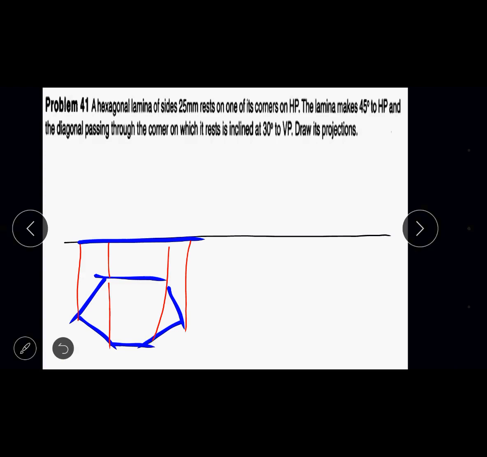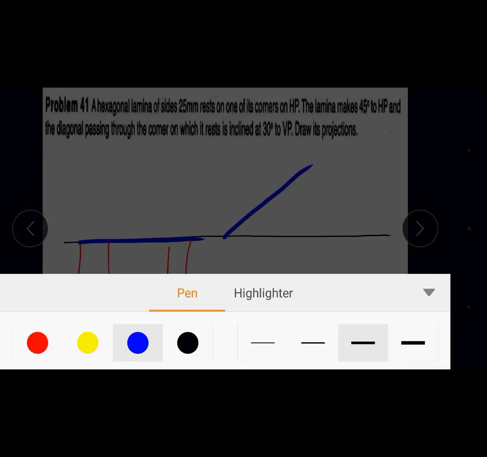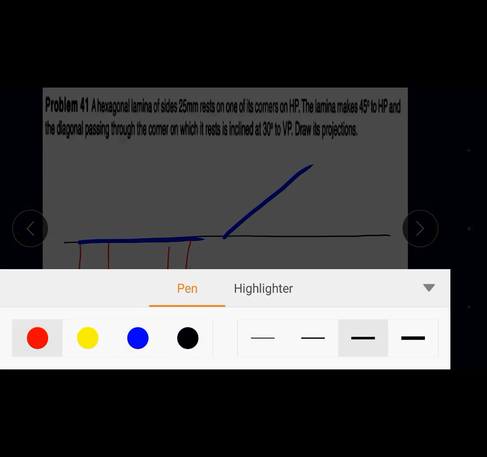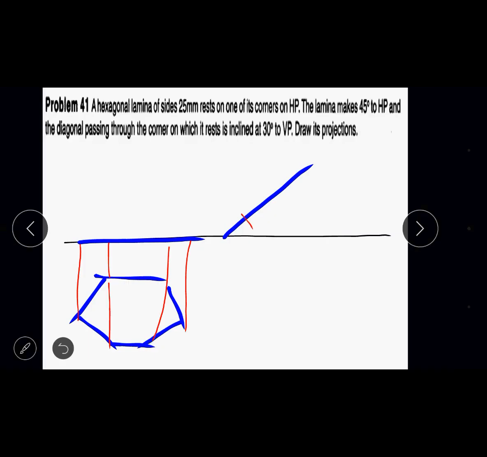Then the second step is the top view of the lamina inclined 45 degrees to HP. The same lamina you have to shift over here at an angle. Take the compass, measure the front view of the first figure, and place the front view at an angle of 45 degrees. Then, to draw the projection lines, measure this distance from the end point to the first point, then again to the second point, and then the end point.